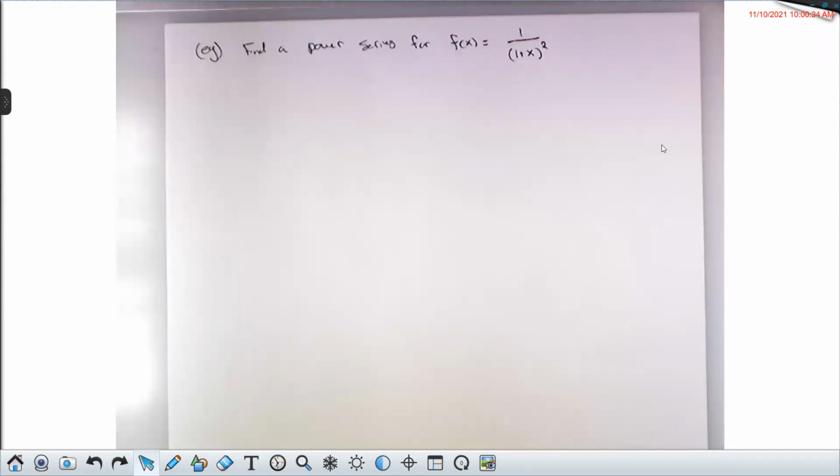And the suggestion from the book there is to use differentiation. So you have to ask, what am I going to differentiate? Am I going to differentiate this thing, or am I going to differentiate something else to get this thing?